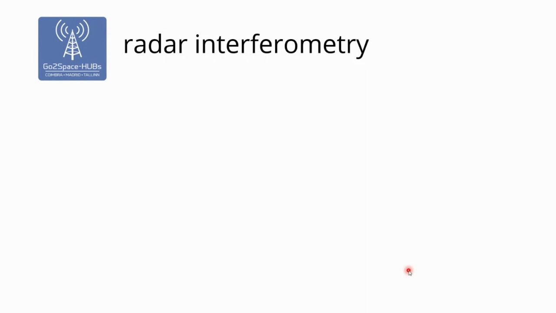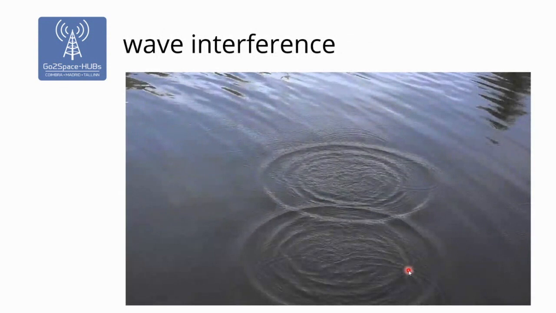But a very important and quite unique thing about radar remote sensing is radar interferometry. It is based, of course, on interference of waves. As you can see here, we throw two stones into water, and they make waves. They are the sources of waves, and those waves might enhance each other when the phase is the same, and they might suppress each other when they are opposite.